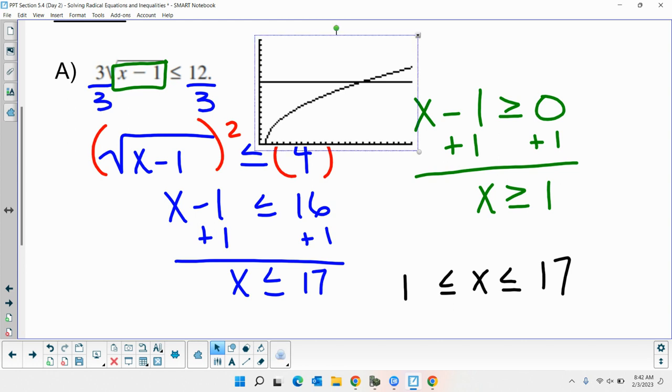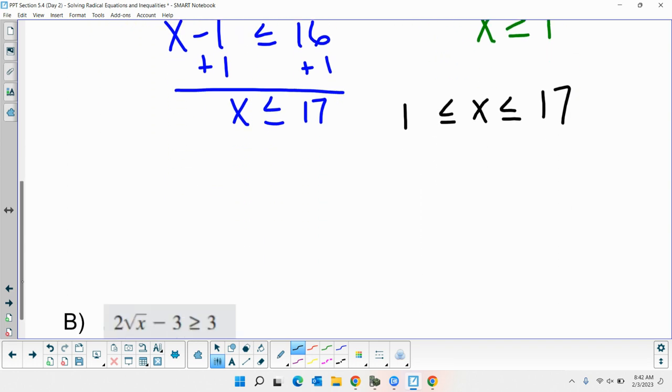There was the 1. That was the 1. And that was 17 for x. Or for y, sorry. Or no, it was the x, sorry, my bad. The y was 12. Okay, so you can do a little picture to check.